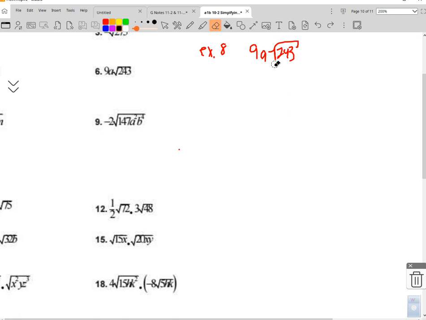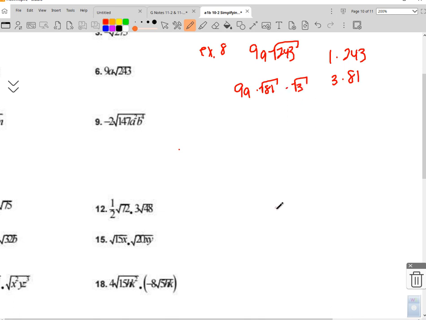I have no idea what the factors of 243 are, so we're going to get started. I know 243 is not a perfect square. It's not divisible by 2. Let's do 243 divided by 3. Nice. So 3 times 81. So 81 is a perfect square, right? What's the square root of that? 9. Okay, so we're going to rewrite it. This is 9a times the square root of 81 times the square root of 3.